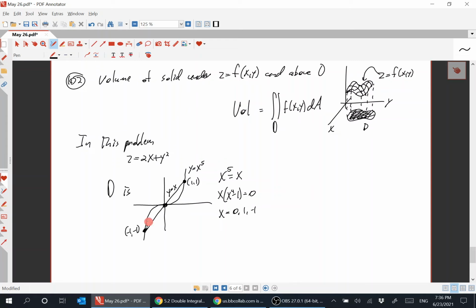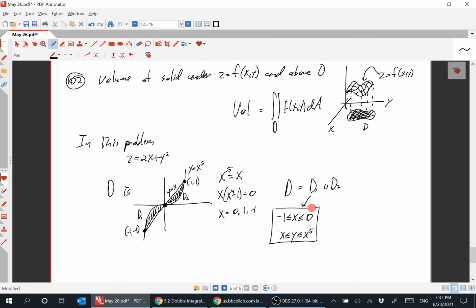So the domain D is equal to domain 1 union domain 2. This is domain 1, this is domain 2. Domain 1 is minus 1 less than or equal to x less than or equal to 0, and x less than or equal to y less than or equal to x to the fifth.